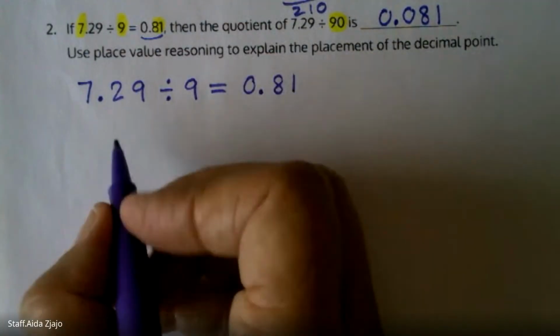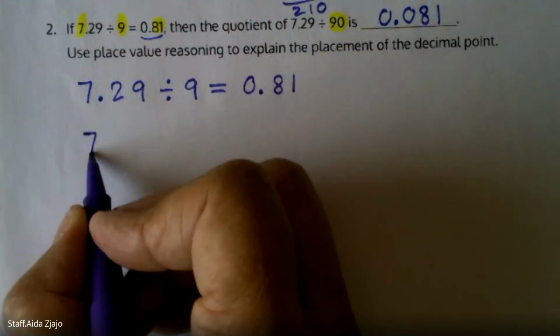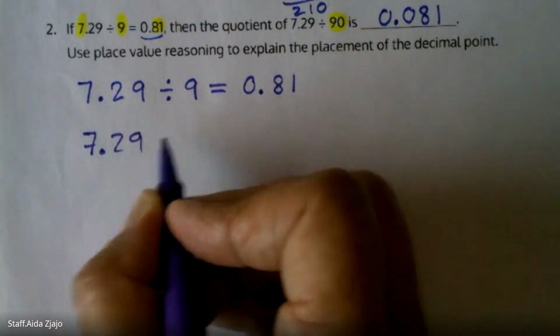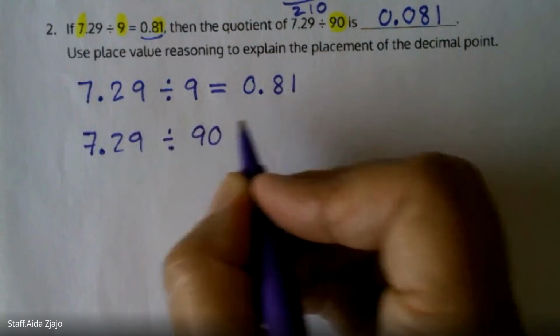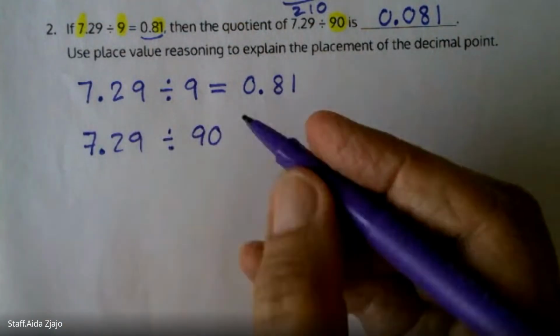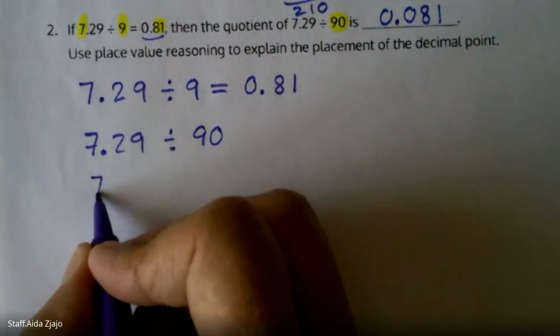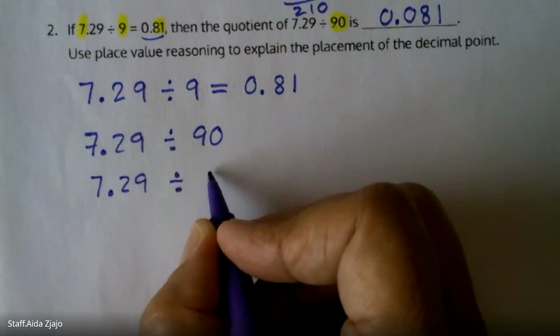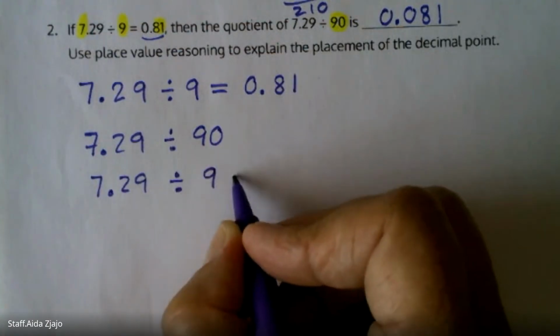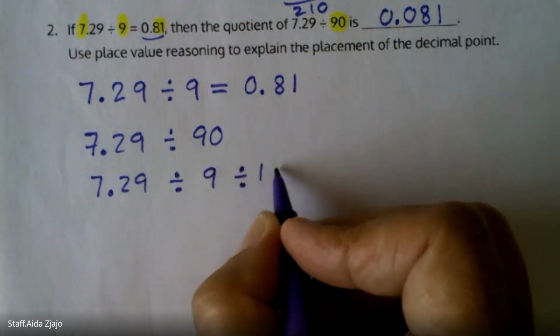So if you do 7.29 divided by 90, that is the same as 7.29 divided into 9, and then divided by 10 again.